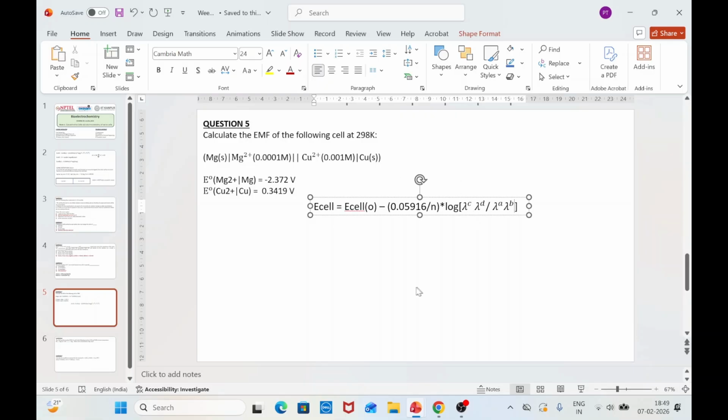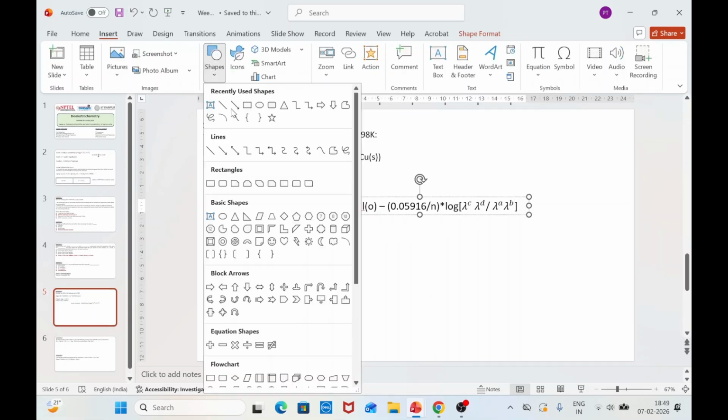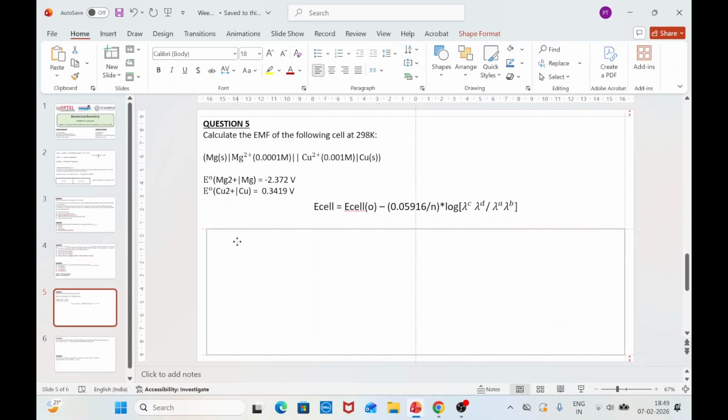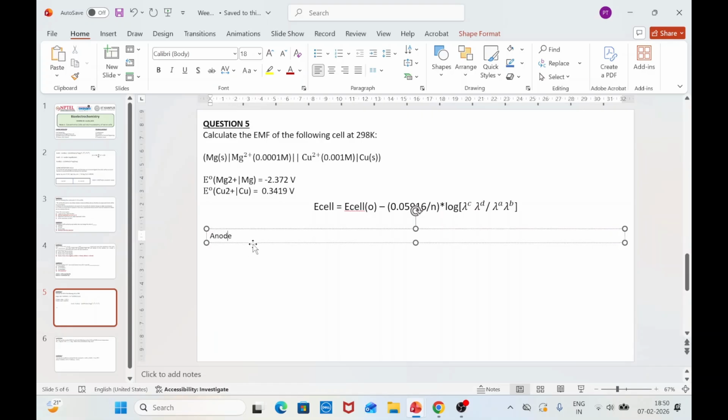So, okay, at least which one will be the anode and which one will be the cathode? Anode is the first half cell reaction and then the cathode. So magnesium gives magnesium 2 plus ions plus 2 electrons.